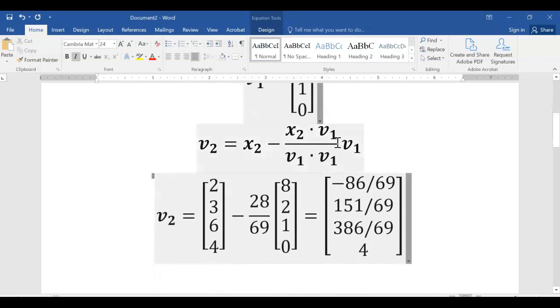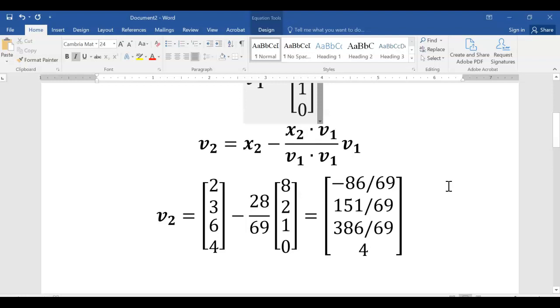So the coefficient of v1 will be 28 over 69. So I'm going to take my x2 minus 28 over 69 times v1. And when you do those calculations, you end up with negative 86 over 69, 151 over 69, 386 over 69, and 4. Just the whole number 4.